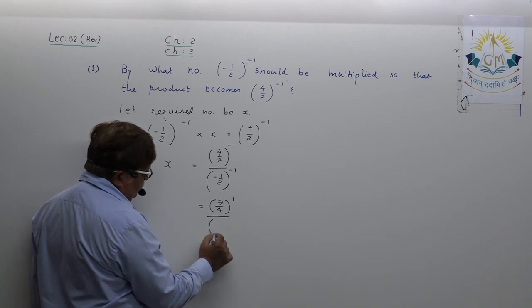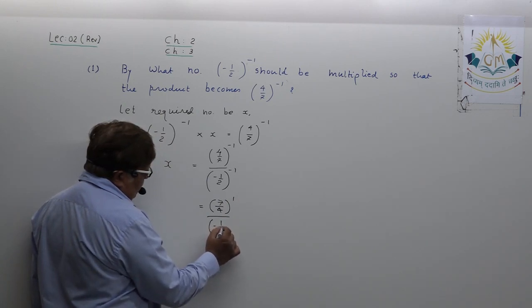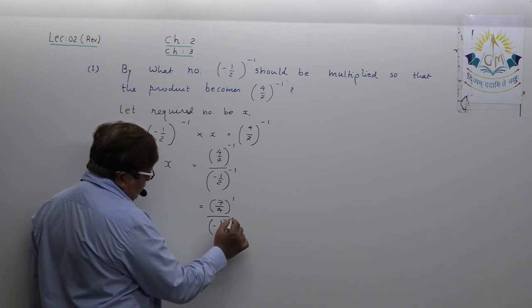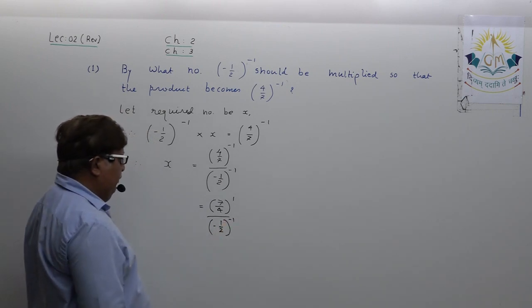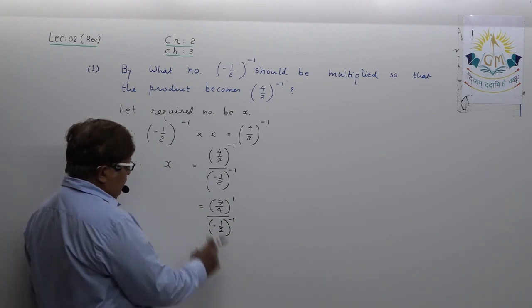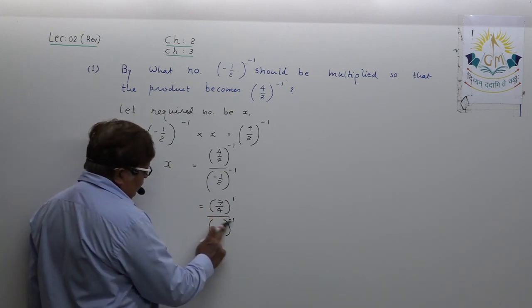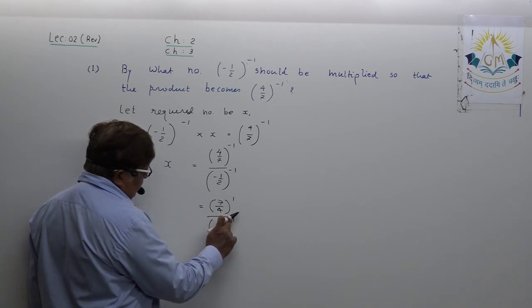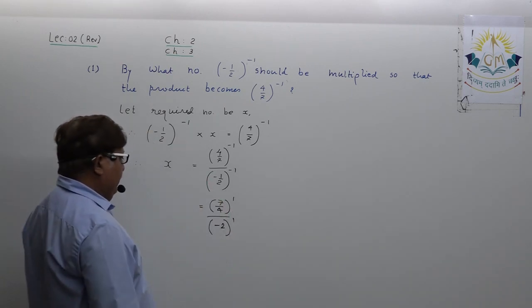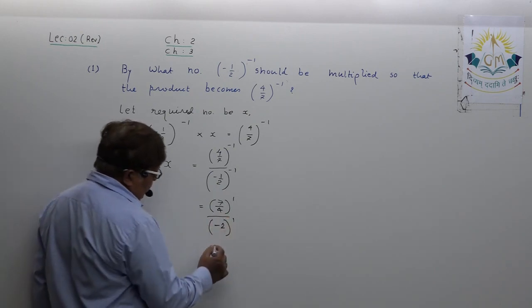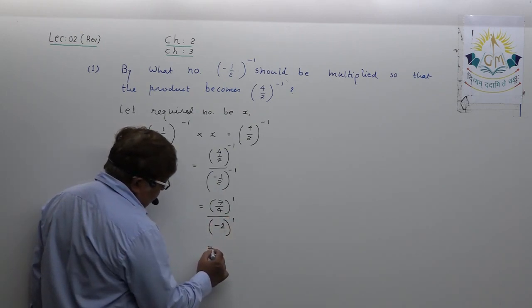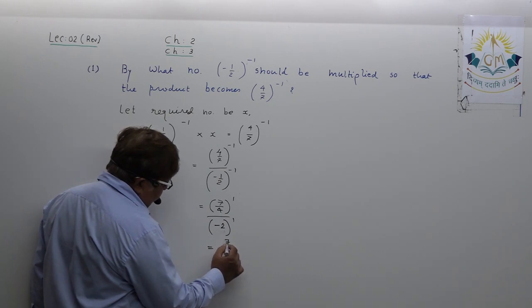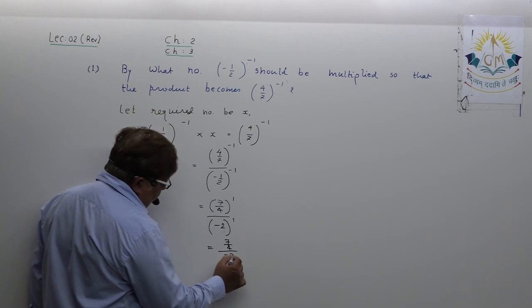upon minus 1 upon 2 raised to the power minus 2, as we have reciprocalized, raised to the power 1. Next step, because the power is 1, no question of evaluating 7 upon 4 upon minus 2.